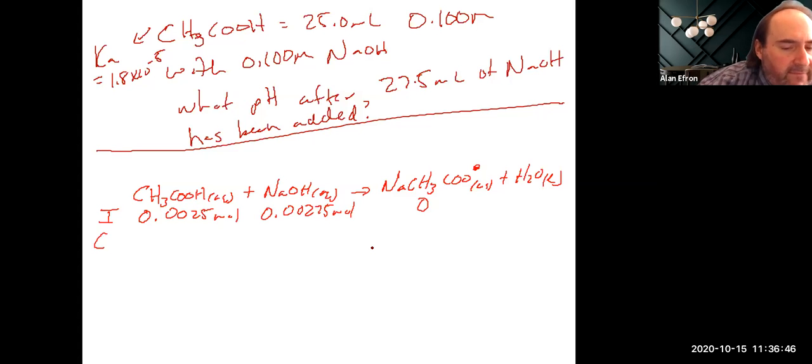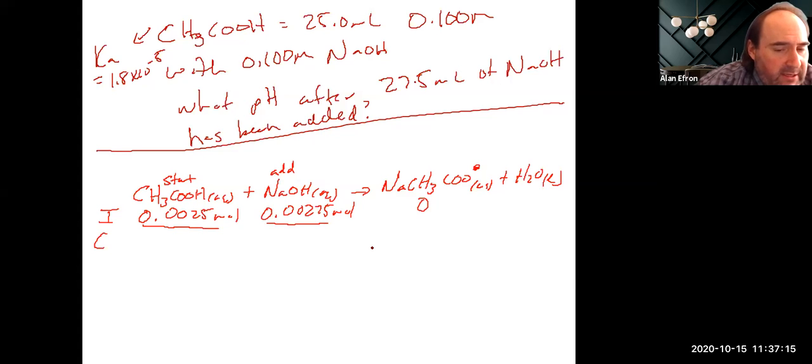Again, if we're not sure where we are, it's good to have an idea as to where you're at. We started with our acetic acid, and the sodium hydroxide is what we're adding. Comparing the moles of what we're adding to the moles we started with, we are adding more moles of base than we started with.